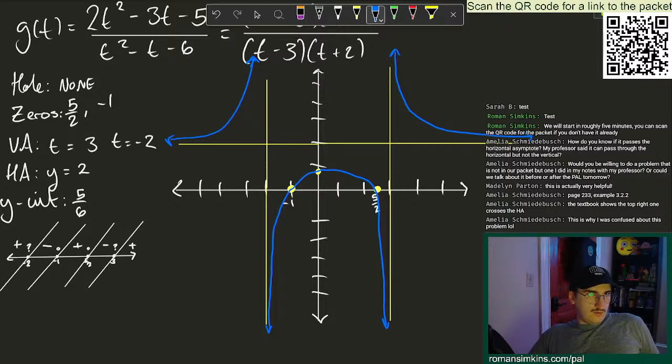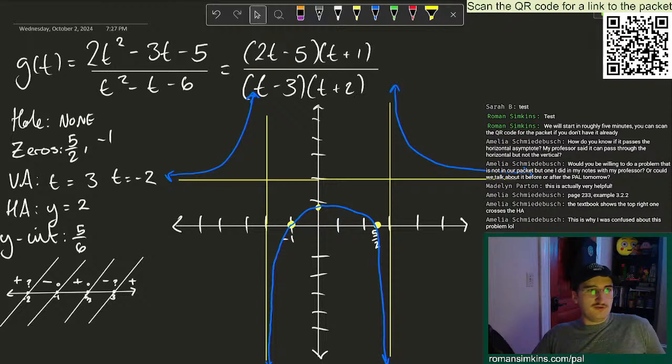Well, one option, and this isn't a great one, so I wouldn't want to do this: we could set our function equal to our asymptote and solve, but that seems like we're doing a little too much. May I ask, did you do this with your professor?